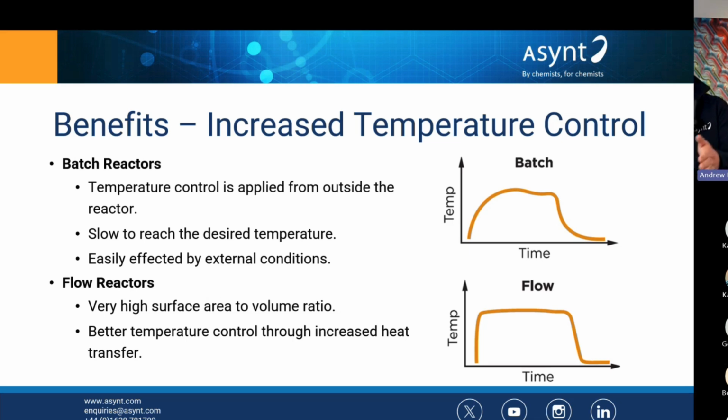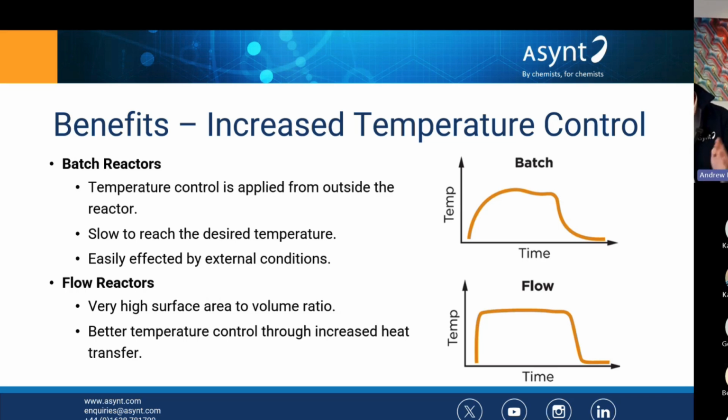But if we start to scale up our reactions and have larger reactions, because we're heating from the outside in, that can give rise to temperature gradients. I mean, we will get to a homogeneous temperature eventually, but that can give rise to unwanted reaction pathways with different activation temperature, different activation energies.